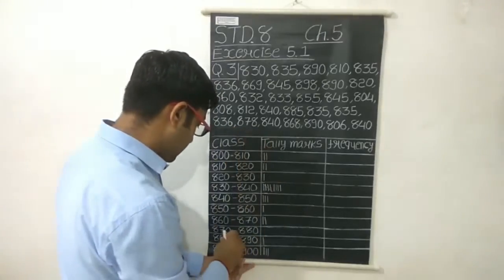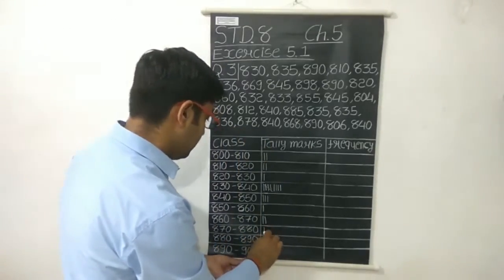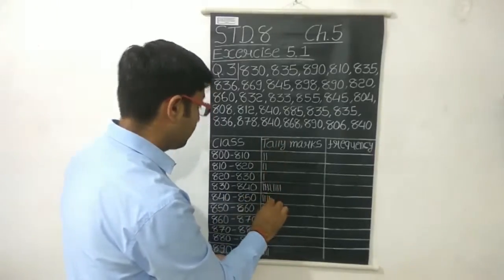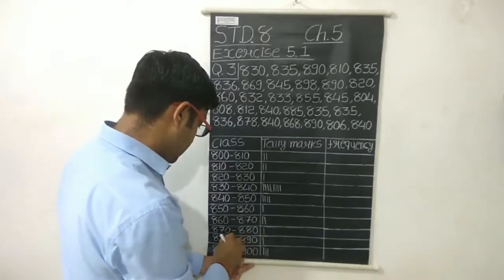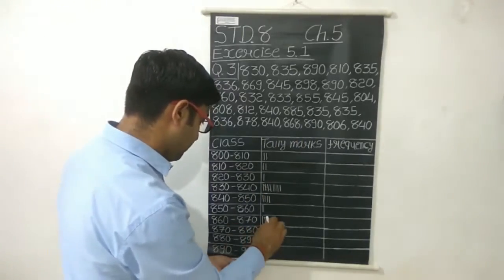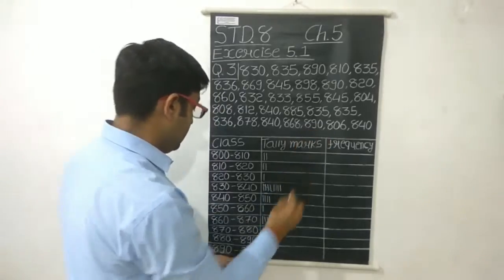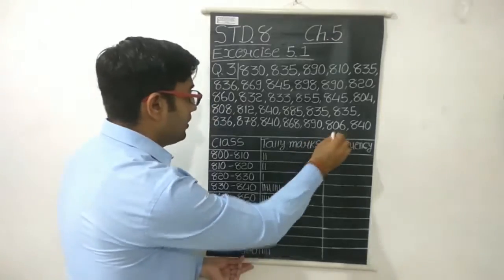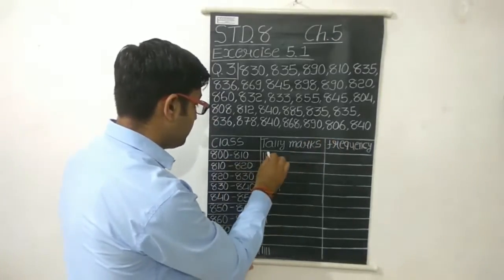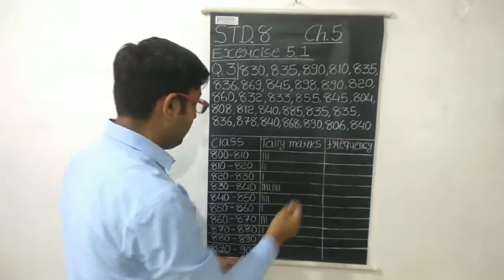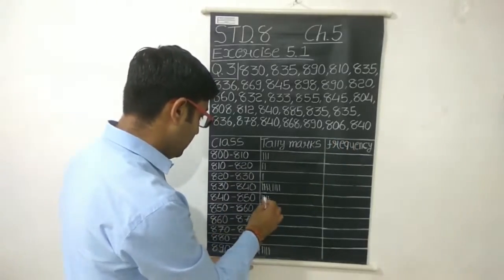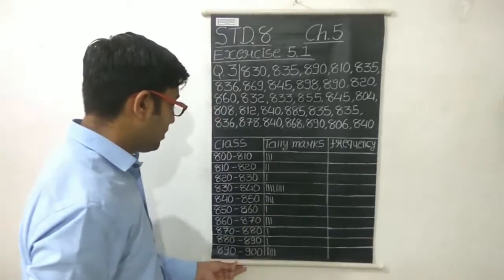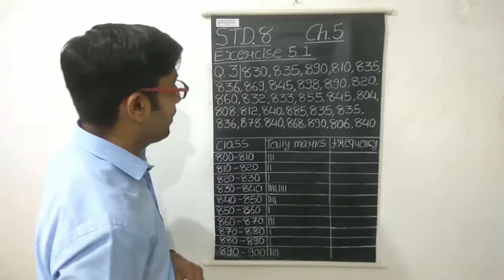Then 878, we have to put in this group. 840 will be in this group. 868, we can put in this group. Then 890 will be in this group. 806 will be in the first group, and 840 will be here. So here again there is a count of 5, so this will become a bunch of 5.